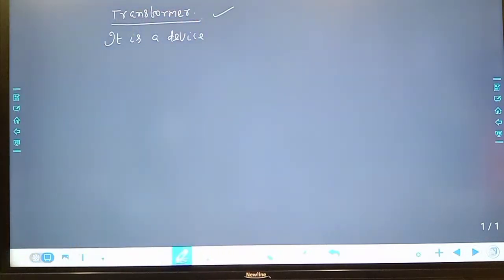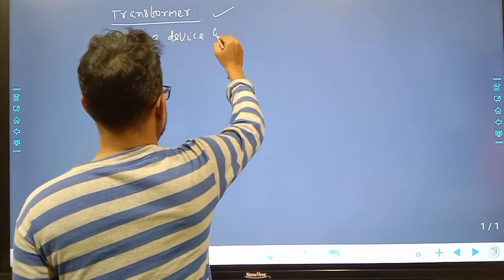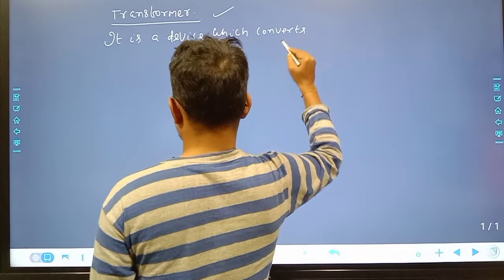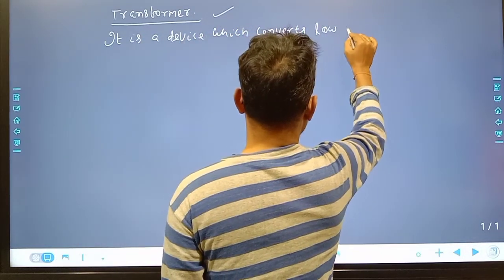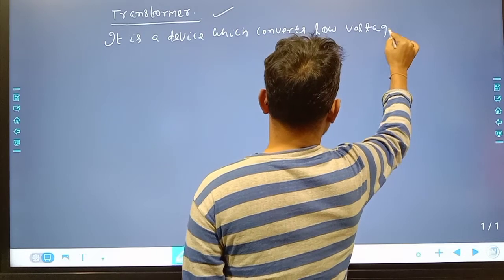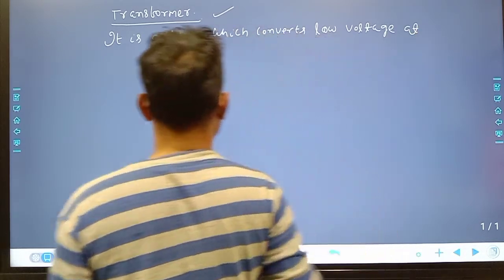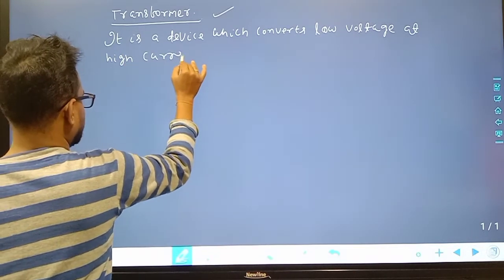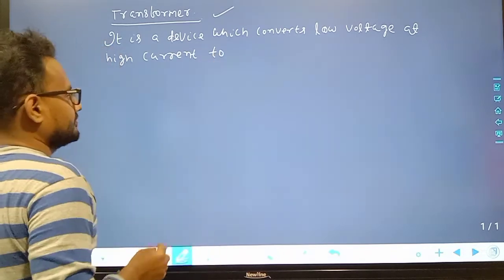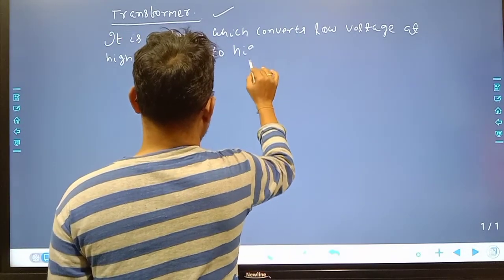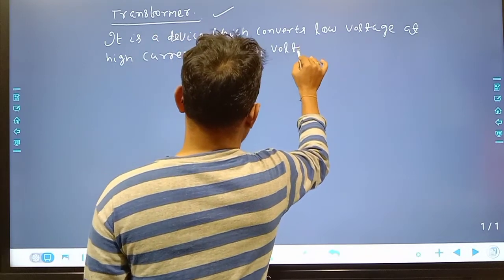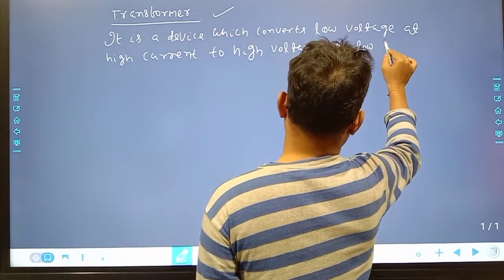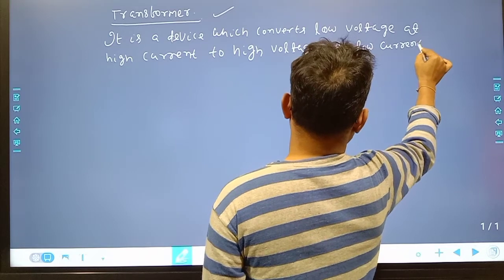Similarly, transformer is a device which converts low voltage at high current to high voltage at low current and vice versa.